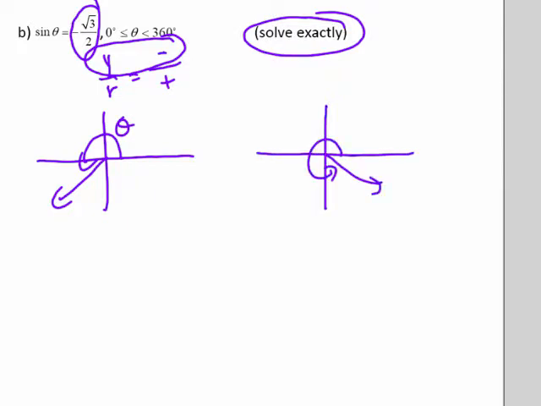And again, what these two angles have in common is that they both have the same reference angle. So if my ratio is y over r, negative root 3 over 2, I can think of the y as being the negative root 3. The hypotenuse or the radius is 2 in both of them.